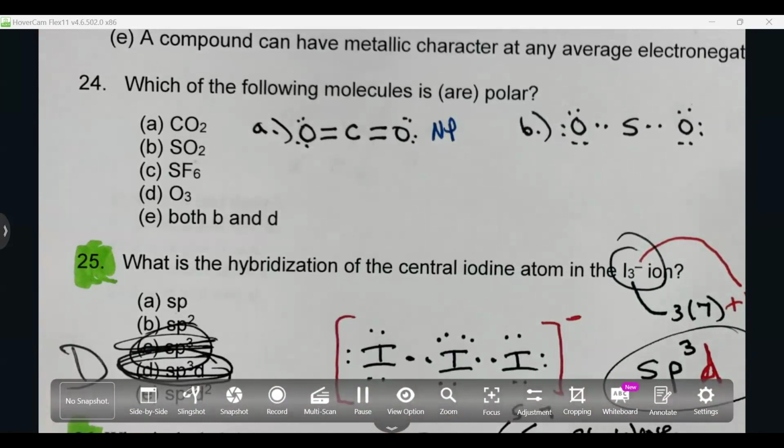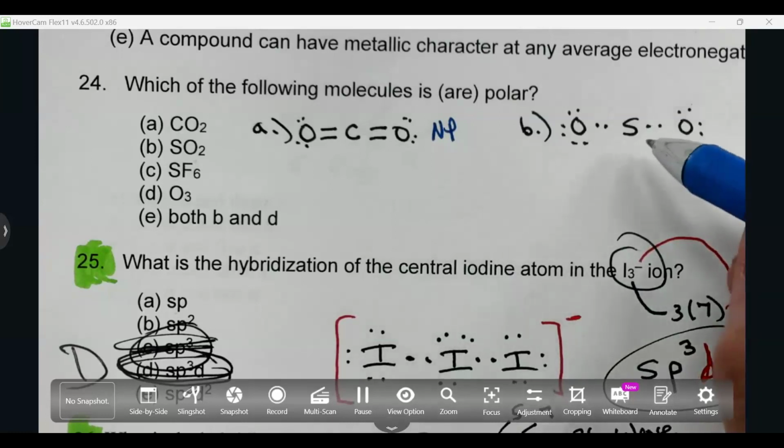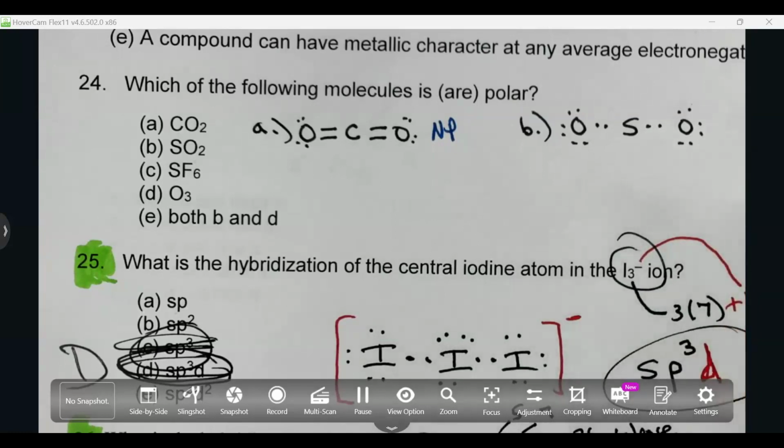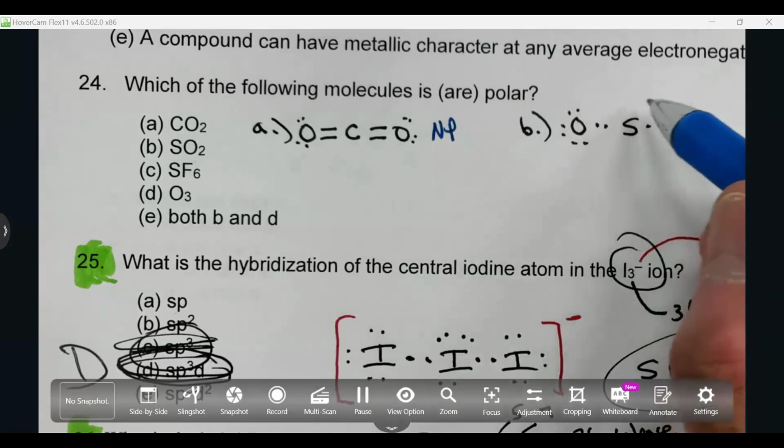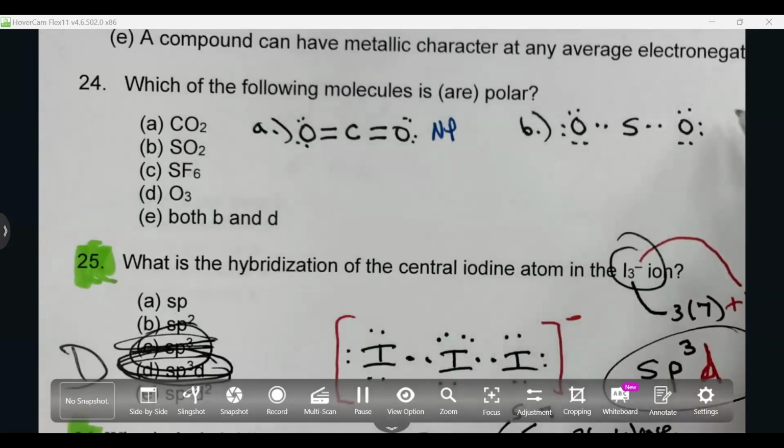Okay. Let's see, SO2. If we didn't put a double bond into this, 16 valence electrons? No, what did I do here? 6 times 3. I need 18. I've got 16.